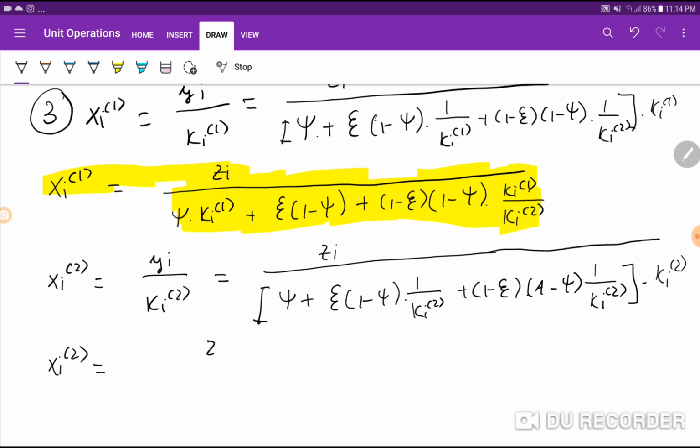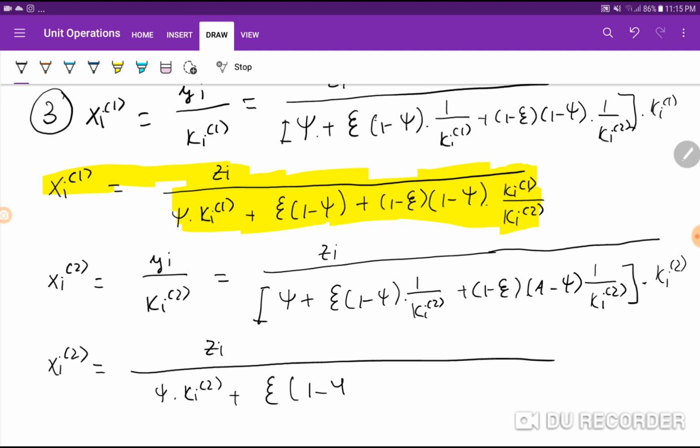Zi times psi times ki2 plus, I apologize, wait, no, it should be ki2 over ki1 plus 1 minus epsilon 1 minus psi times 1.